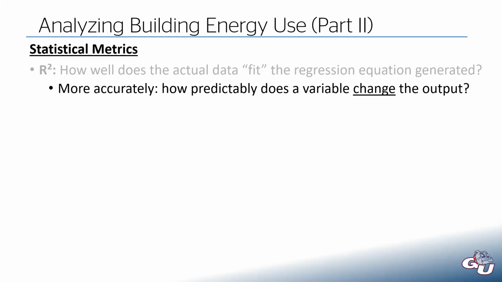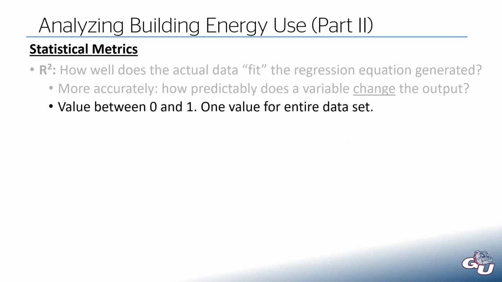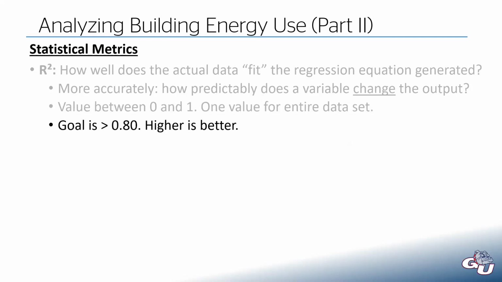If we're using variables of heating and cooling degree days, how consistent and predictable are those variables in changing my output? That's a more accurate statement for what R squared means. This is always between 0 and 1. 1 would be an absolute perfect fit, and you only have one value for this entire data set. Generally, the goal is to be above 0.8. Higher is better.